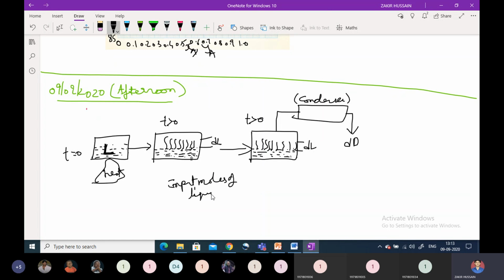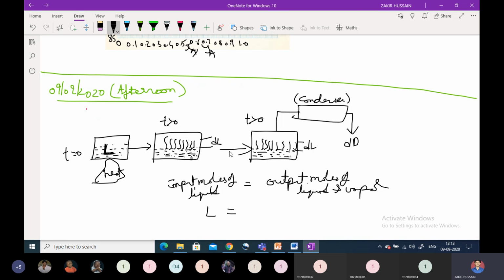Input moles of liquid is equal to output moles of liquid and vapor. Initially, L moles were given to the distillation still as input.